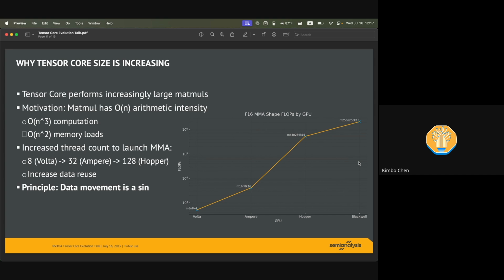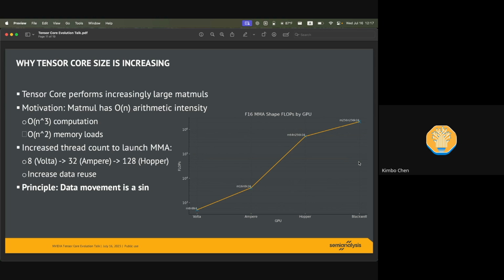So the motivation behind making tensor cores perform larger MMAs is because matrix multiplication has a linear arithmetic intensity. Specifically, we all know matrix multiplication is cubic in computation, but it's also quadratic in memory loads.